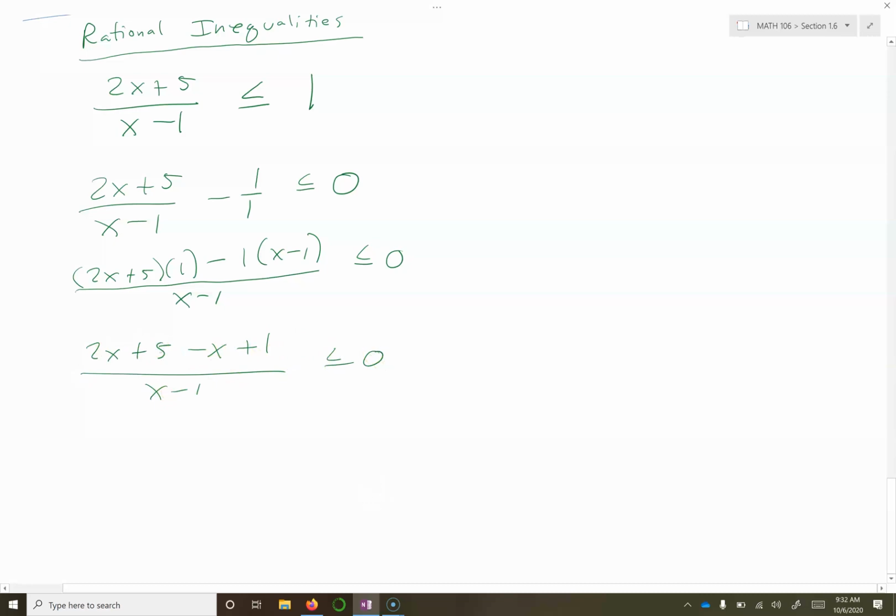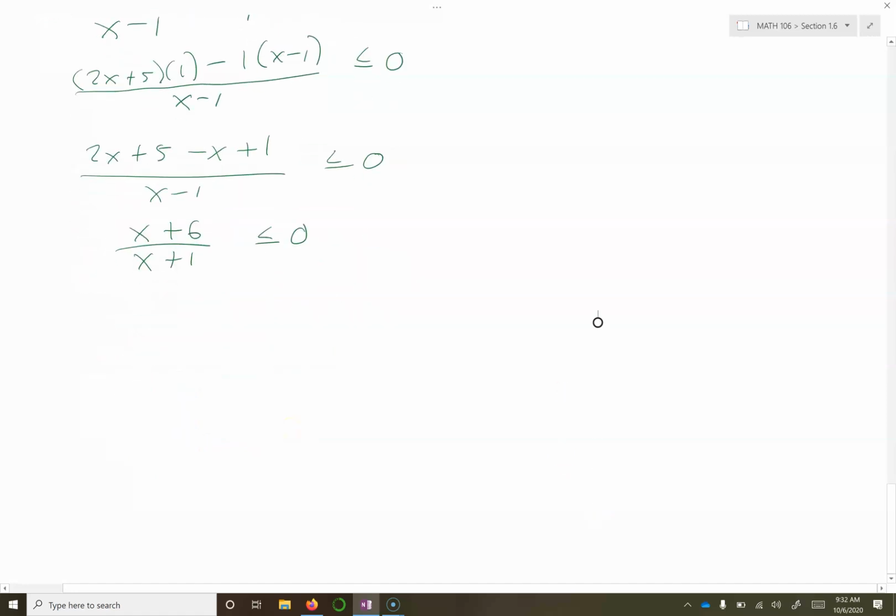Then combine some terms here. You're going to have x plus 6 over x minus 1 less than or equal to 0. All right? So you're trying to get to this point in these problems where you just have a single rational expression less than or equal to, or greater than whatever, and then 0 on the right-hand side.